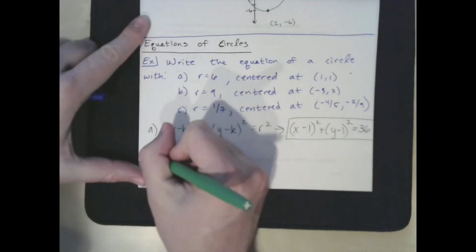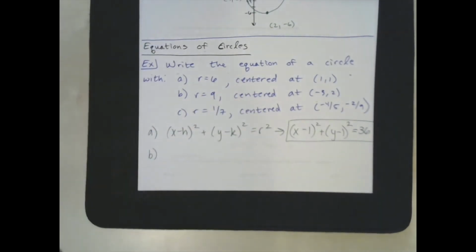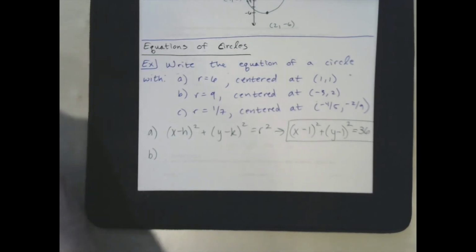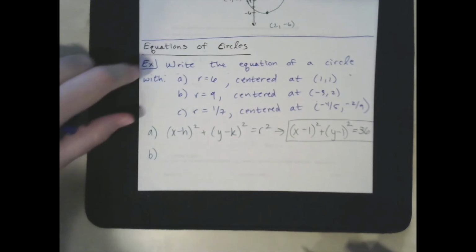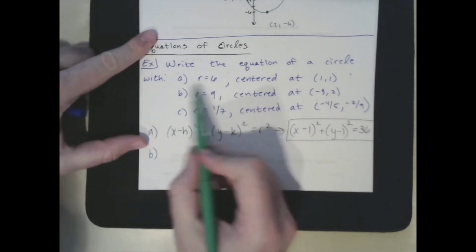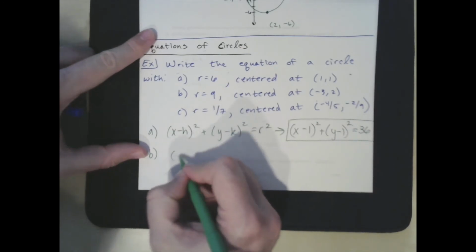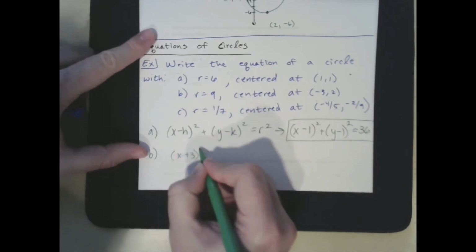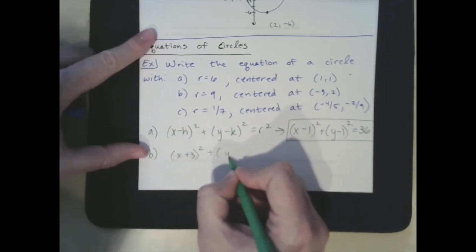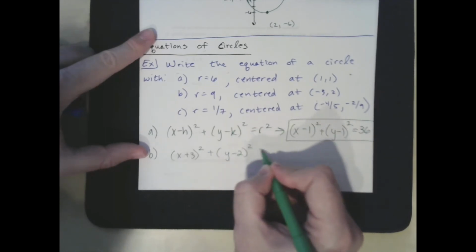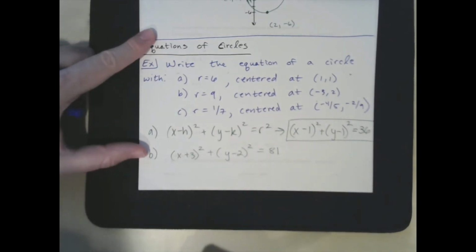So for parts B and C, I recommend that you try these on your own. So pause the video and see if you can come up with the equation of the circle. And then check your answer with what I'm about to write down. So part B, radius is 9. Center is -3, 2. So this is going to be x plus 3, quantity squared, plus y minus 2, quantity squared, equals 81.